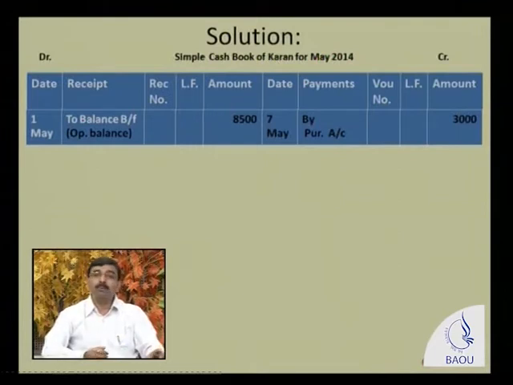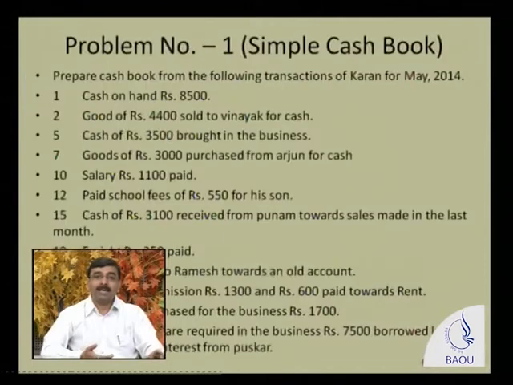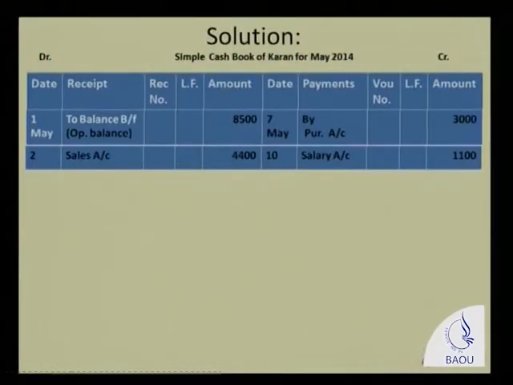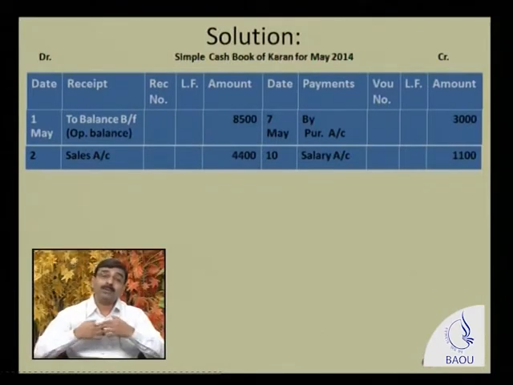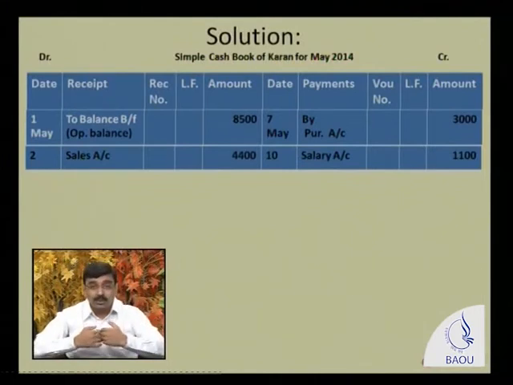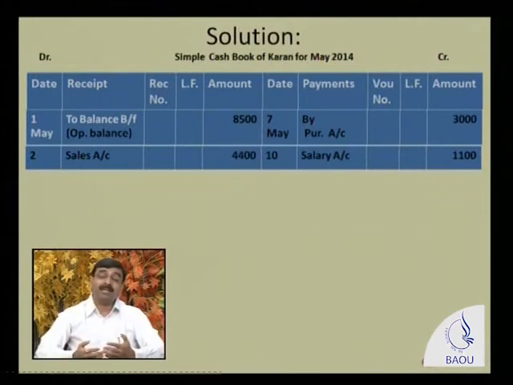Now we move to the next transaction: goods of rupees 4400 sold to Vinayak for cash. Here we are selling goods to Vinayak, but it is a cash sale. When you sell goods for cash, the general entry is that the amount has been received from Vinayak, so the cash account is debited, and goods go out, as per the real account rule.